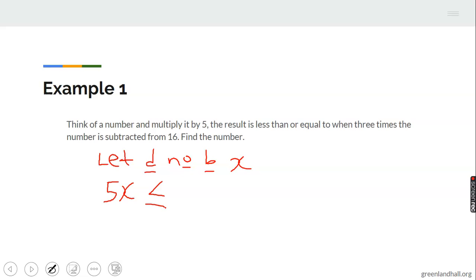That is, 3 times the number means 3 multiplied by x. Then you now subtract it from 16. That means 16 minus 3x. That will be the interpretation of the last statement. So this is the linear inequality.